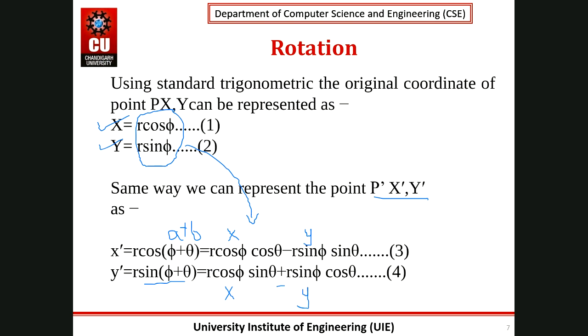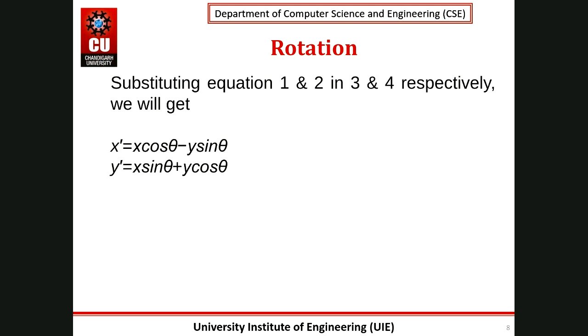Now just substitute the values and we will have the rotation matrix. So these are my rotation equations for the point P dash (x dash, y dash): x dash is equal to x cos theta minus y sin theta, and y dash will be equal to x sin theta plus y cos theta.